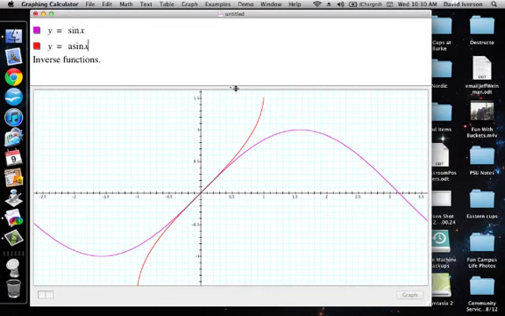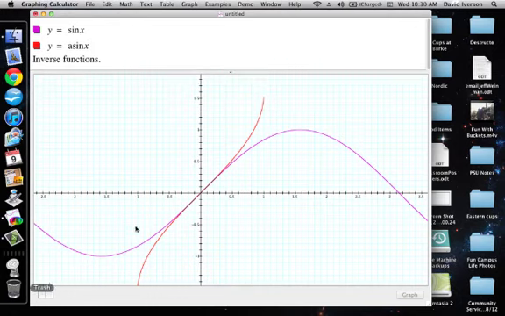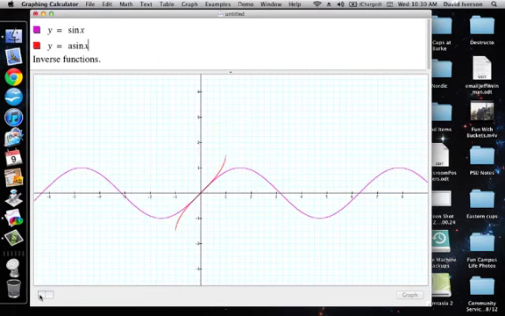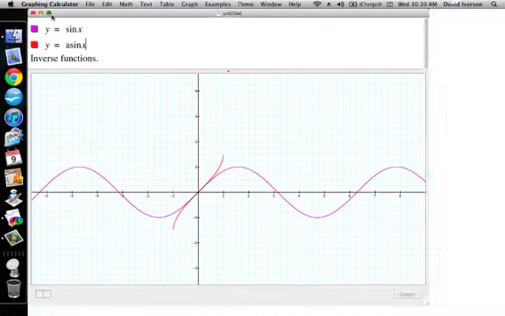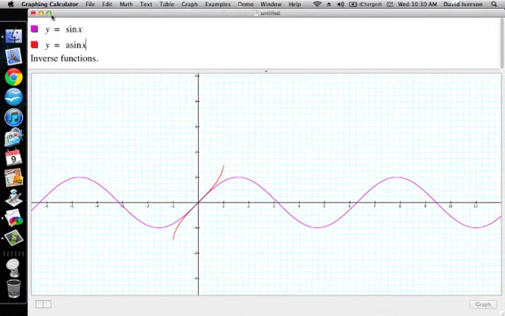We've done the horizontal line test, and sine x always passes the horizontal line test. I'm sorry, vertical line test. So y equals sine x passes the vertical line test. Every vertical line passing through this function only hits the graph in one spot.